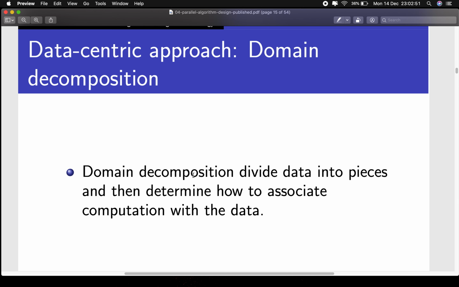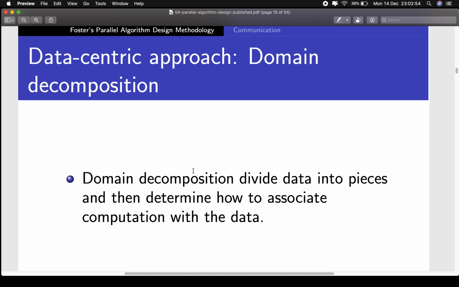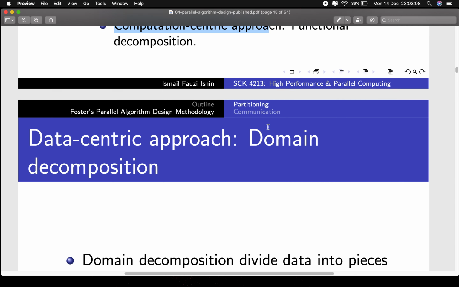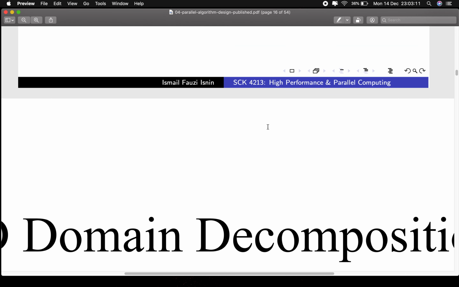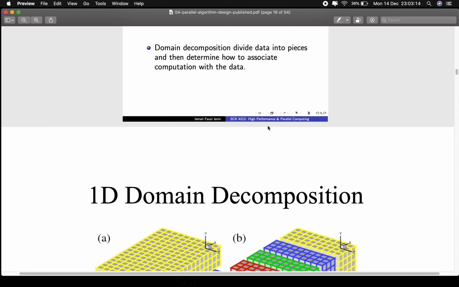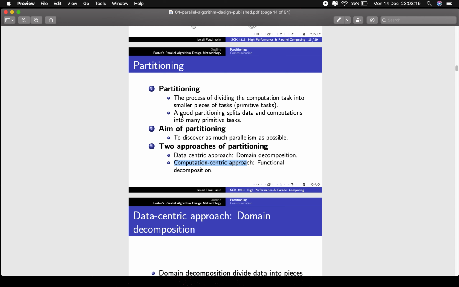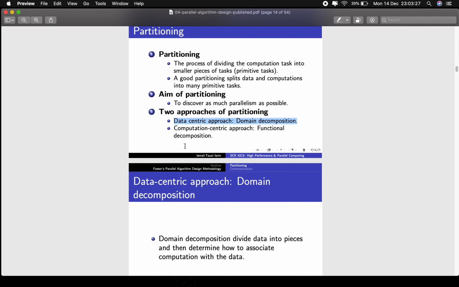This is the method of the data-centric approach. Before we look into the computation-centric approach, we look at domain decomposition first, then after that we go deeper into the computation-centric approach.